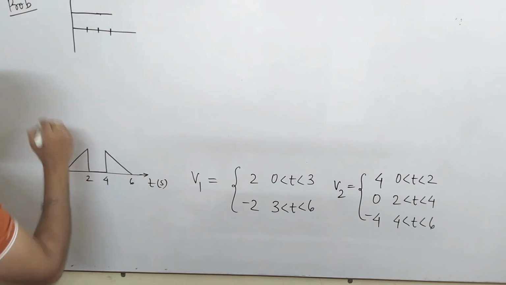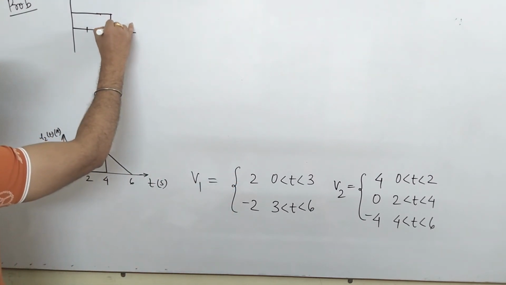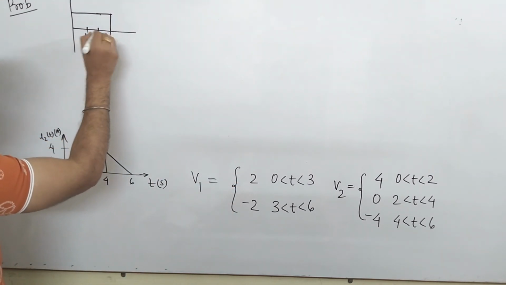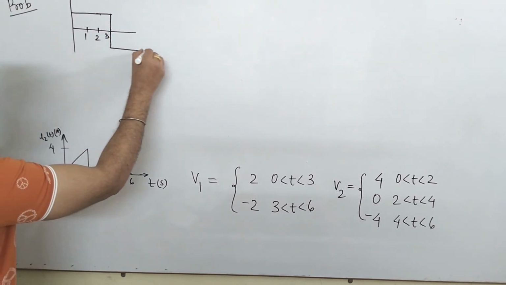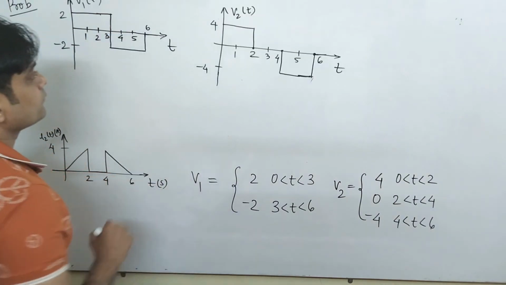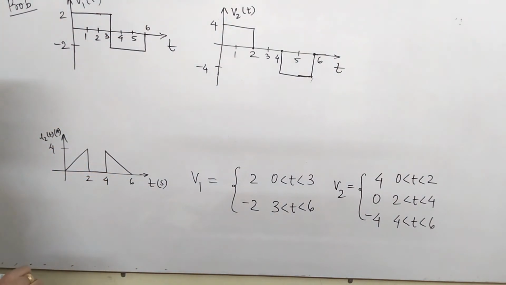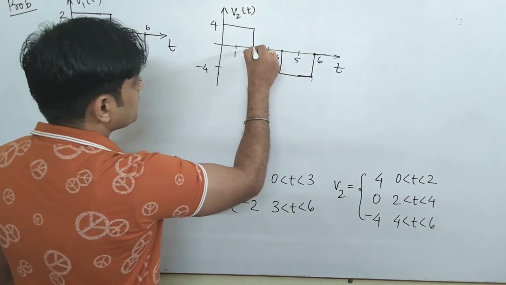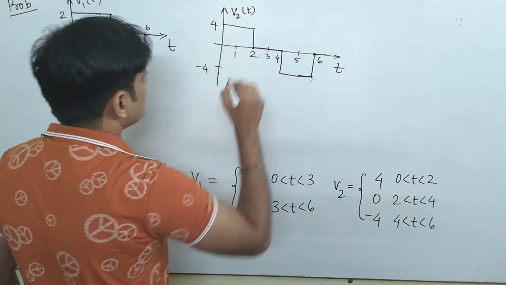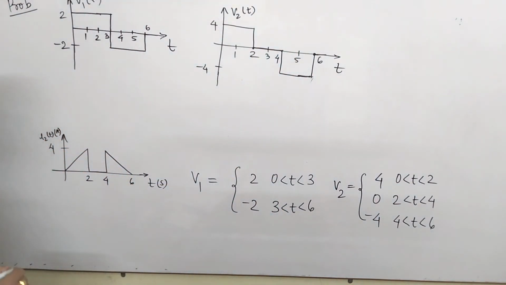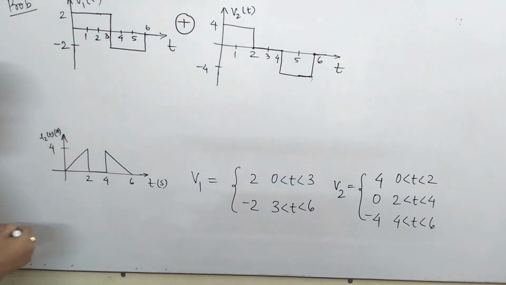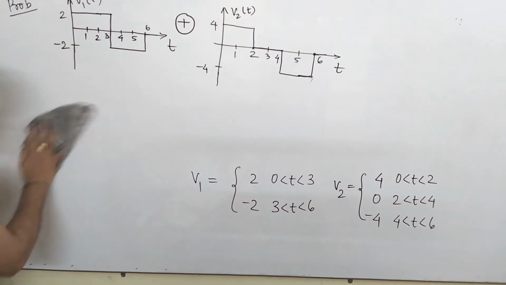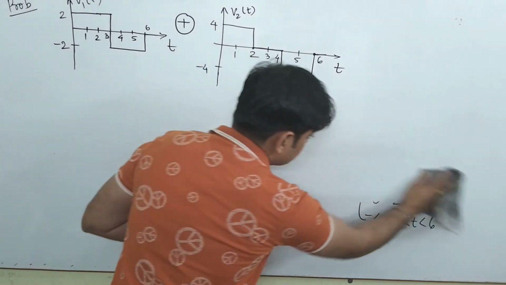So it is 2 from 0 to 3, and it is minus 2 from 3 to 6. This is the value of V2(t). Now you know V1(t), V2(t). Can you add these to get the value of V0? Yes. Let's see how we find the value of V0.